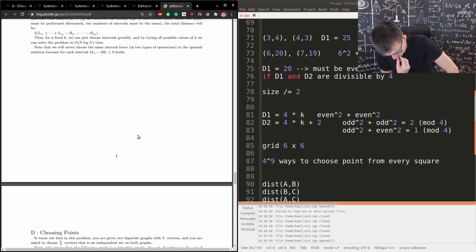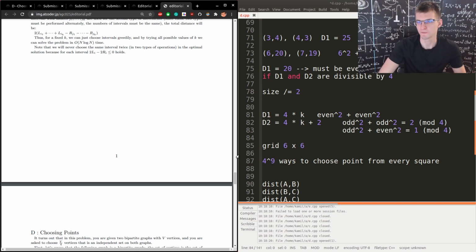Okay, why is that bipartite? D1 indeed creates one graph.